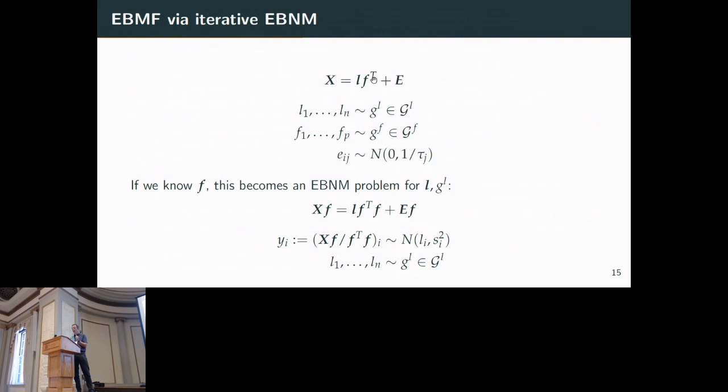So the model is X equals LF transpose plus E plus a measurement error term. What distinguishes it from E is we're going to assume that measurement error is well characterized. That is, we already know what the variance is. So if you change this model to add another error term that has known variance and which may be different for each observation, the software will do that.